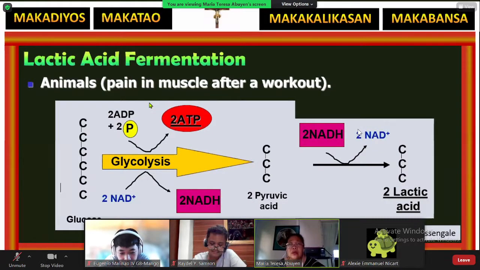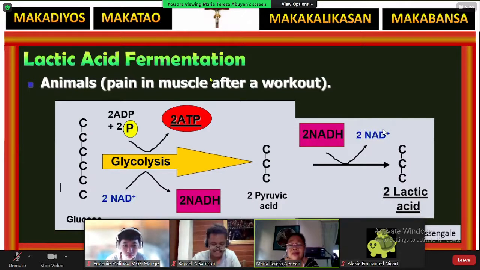Now, since there is no oxygen available, and your cells use up ATP quickly, you run out of ATP and you also run out of oxygen as you work out, as you exercise. Since these cells must go on living, it is an emergency for the cell to produce ATP through glycolysis.